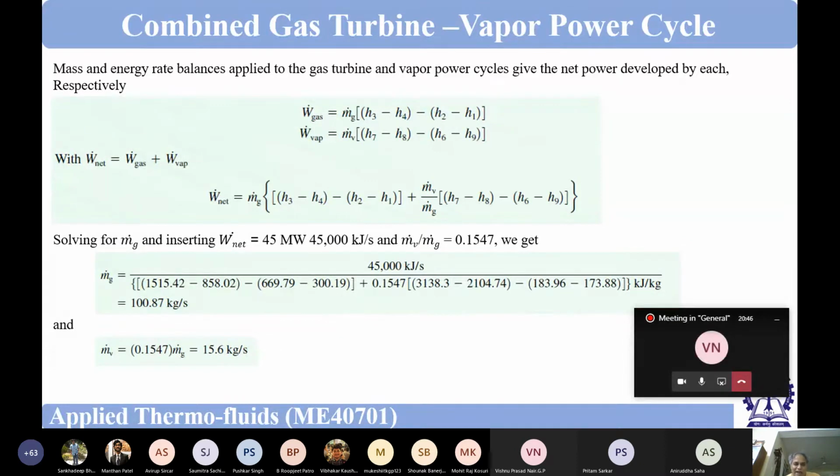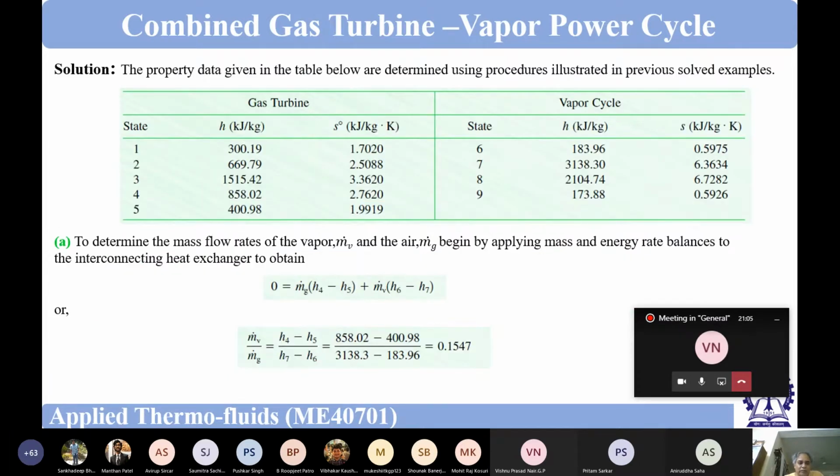I encourage everybody to do this and get this number. So W gas, the net work, will be turbine work minus compressor work. If you do the calculation, H2 minus H1, let us go back to H2 and H1, you see that there is a lot of difference. H2 minus H1 is at least 339, and it will be multiplied by the high mass flow rate of gas.